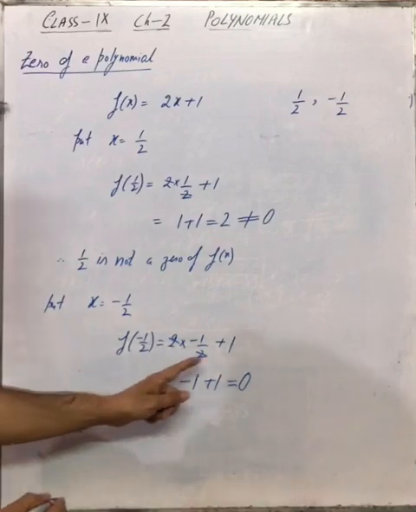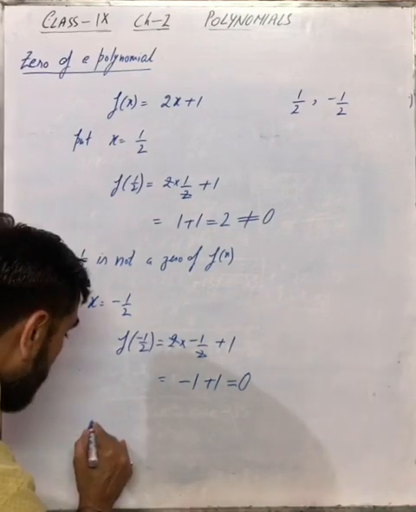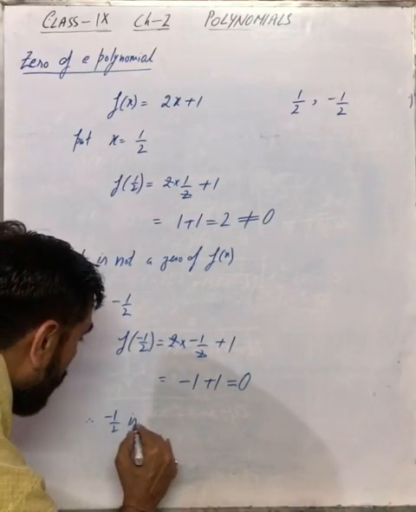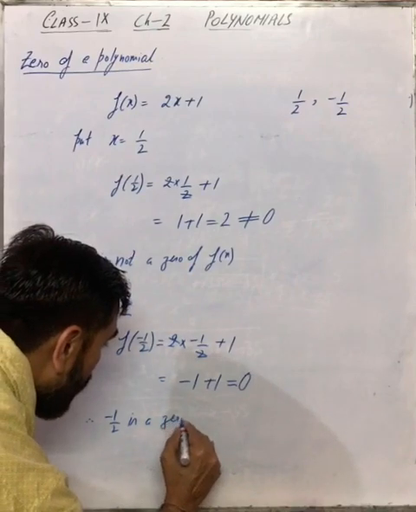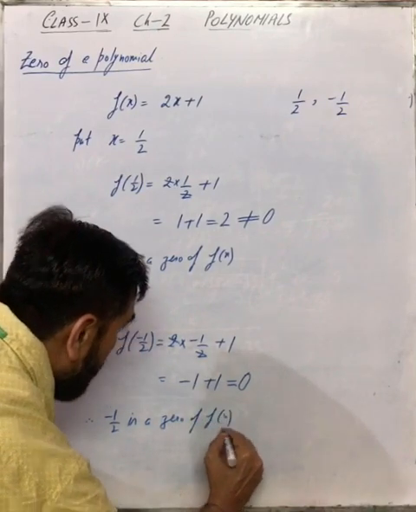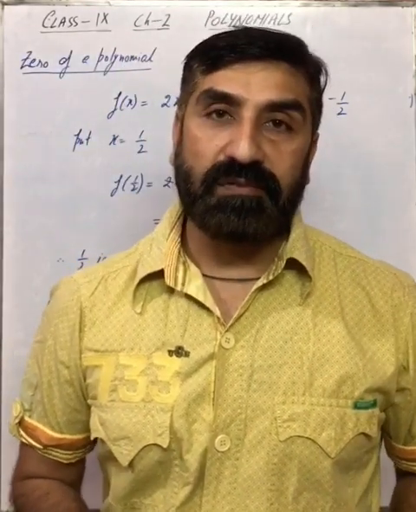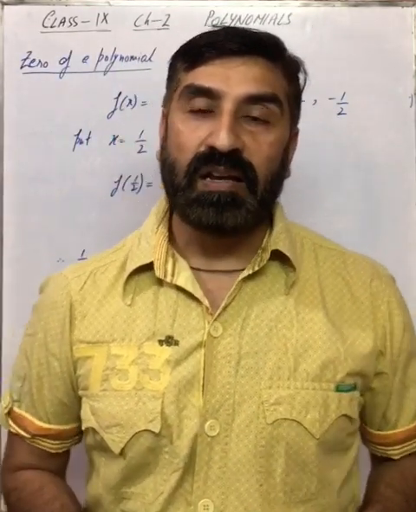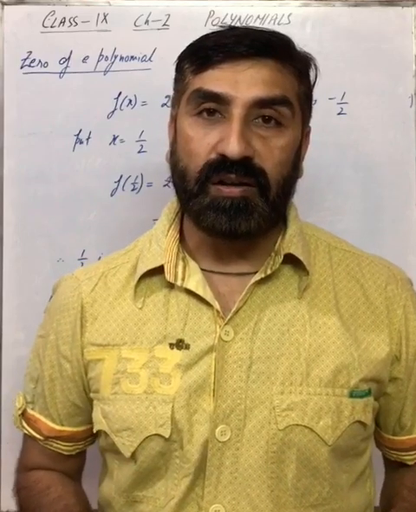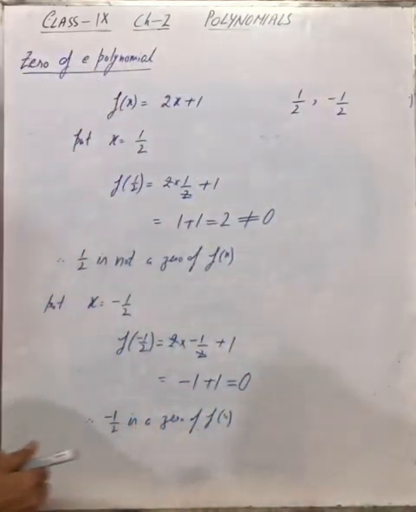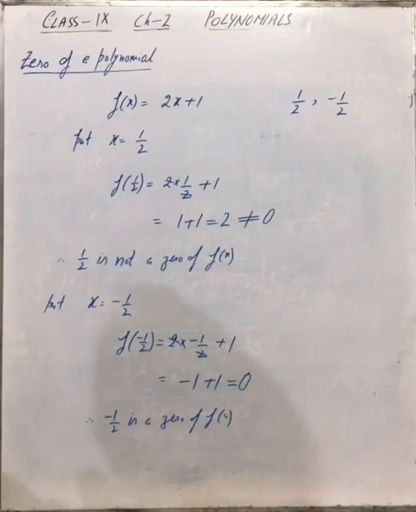So you just see the polynomial vanishes. It means minus 1 by 2 is a zero of f(x). So I think the concept is clear to you: how to check whether the given value of the variable is a zero of the polynomial or not. So let's take a few more questions related to this.